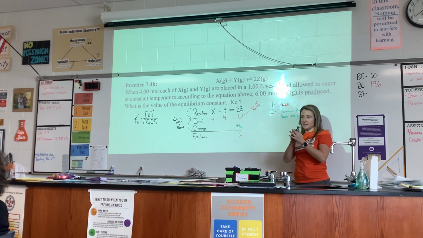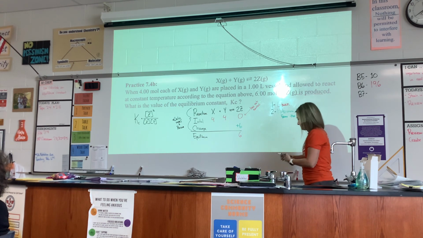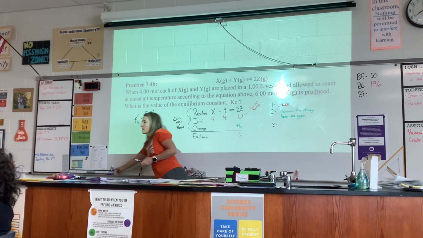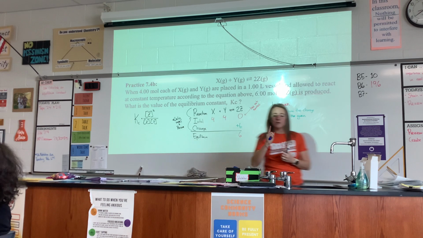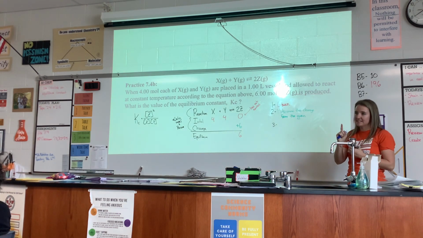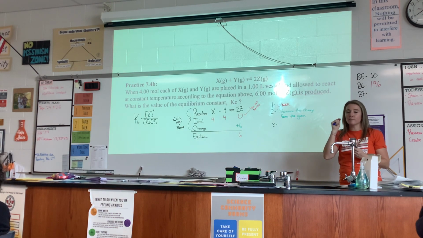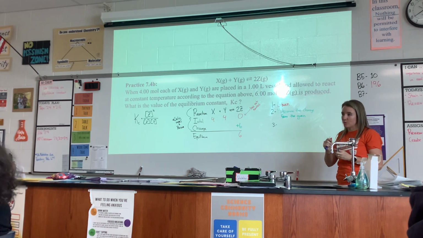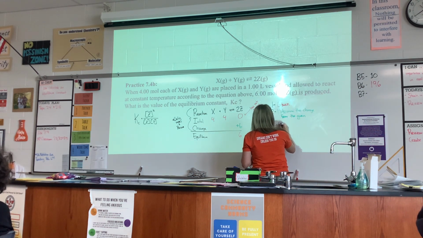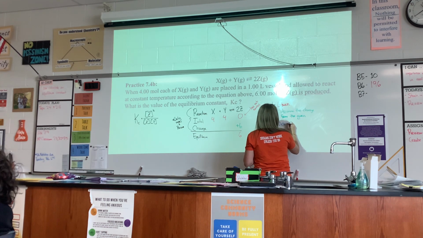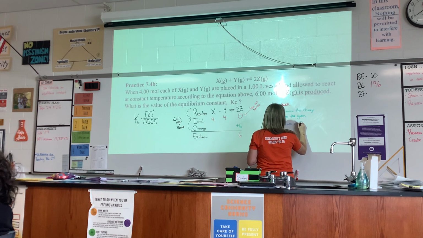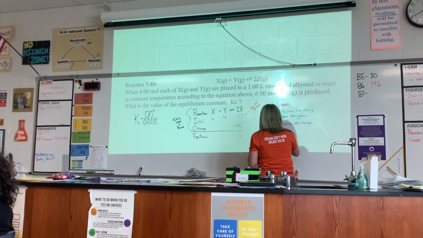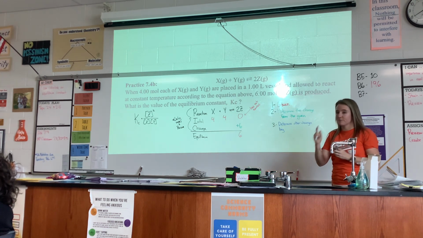Change color again, step 3. Once you know one of the changes, you can determine the rest because it will match the ratio in the balanced equation. So we're going to determine the rest of the changes by matching the balanced equation ratio.